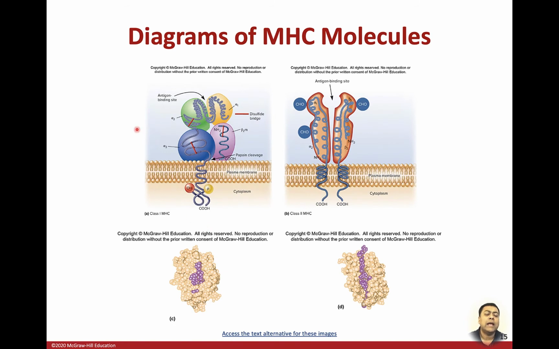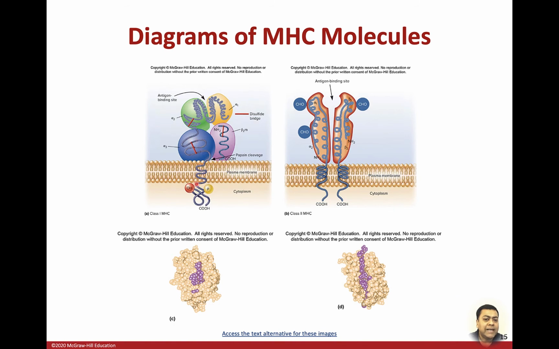So let's take a look at the structure. MHC class 1 contains a molecule which is larger. This is a heterodimer of an alpha protein and a beta protein. The alpha chain is about 45 kilodaltons and contains the alpha 1, alpha 2, and alpha 3 domains. You can easily see it.